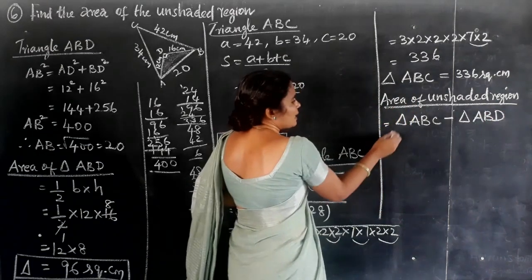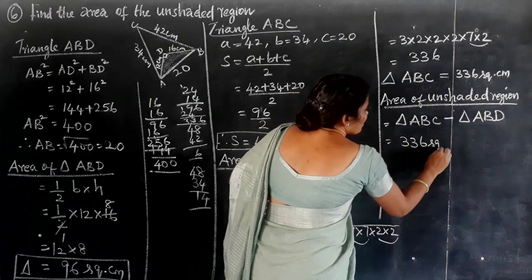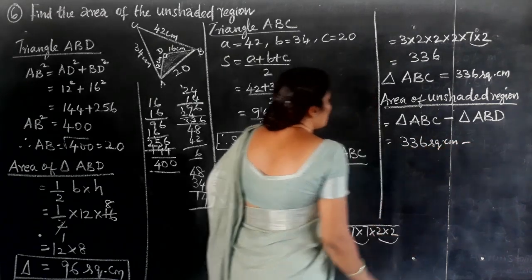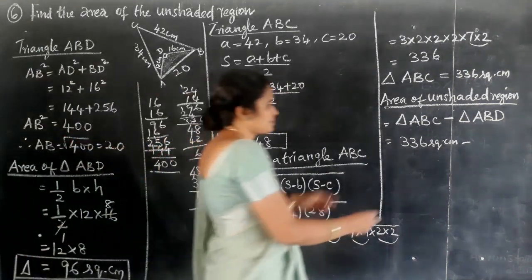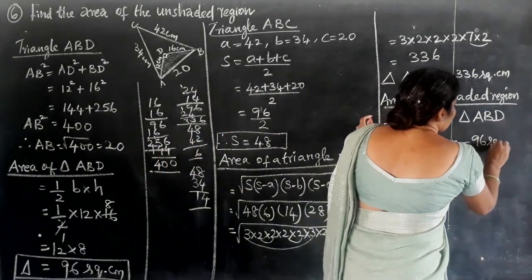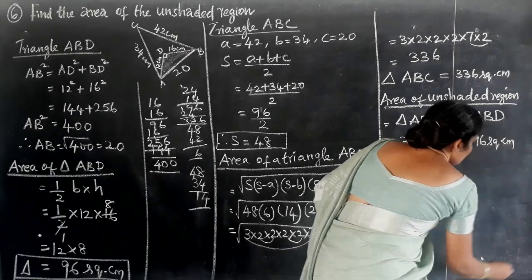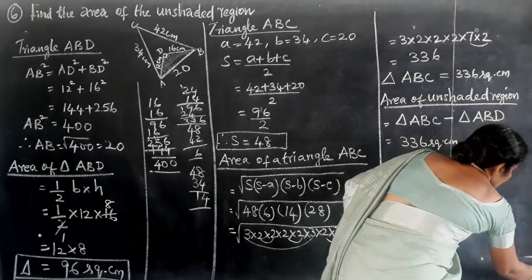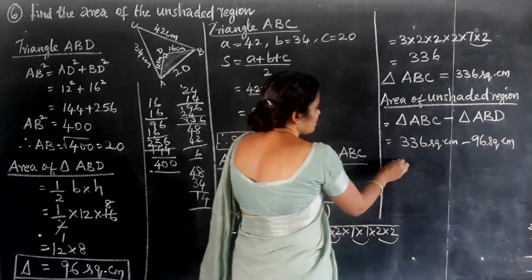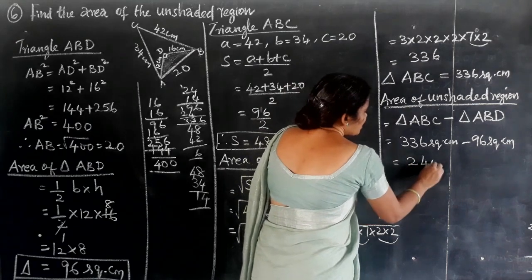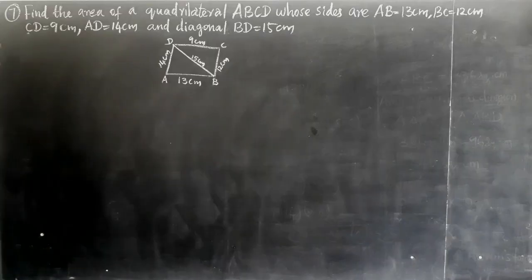So for triangle ABC we get 336 square centimeter minus triangle ABD, that's 96 square centimeter. 336 minus 96 is 240. Therefore, the area of the unshaded region is 240 square centimeter.